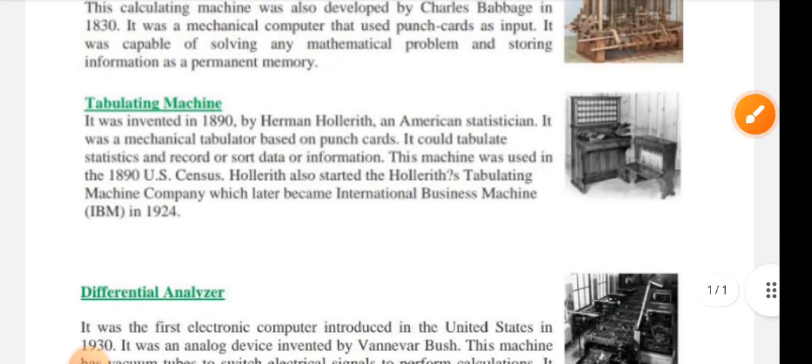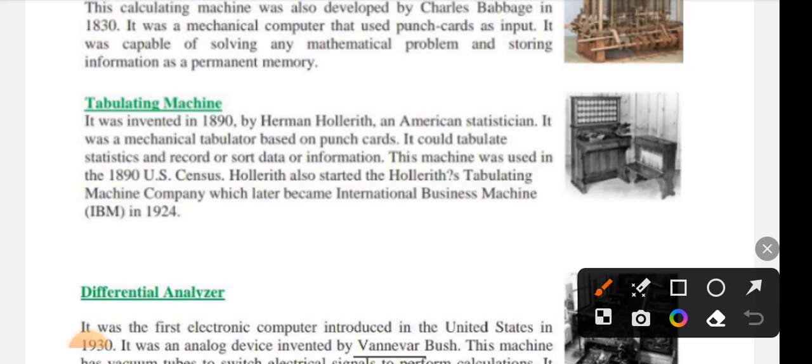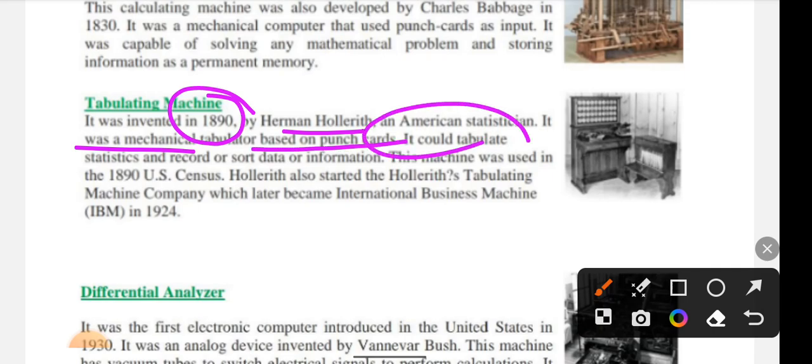Now we are going to discuss the tabulating machine. It was invented by Herman Hollerith in 1890. He was an American statistician, and it was a mechanical tabulator based on punch cards, where we use punch cards as input.